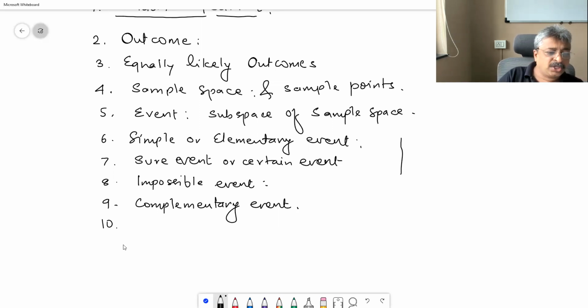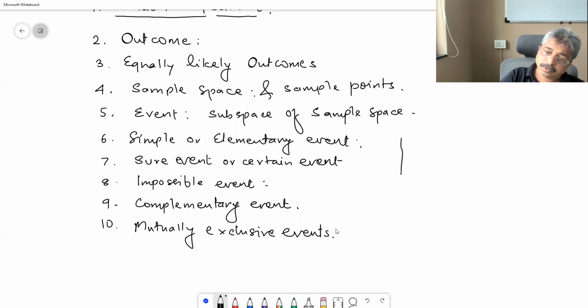10. Mutually exclusive events. If A and B are disjoint sets, then A intersection B does not contain any sample point. Therefore, A intersection B is empty.